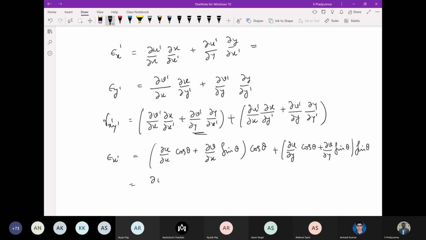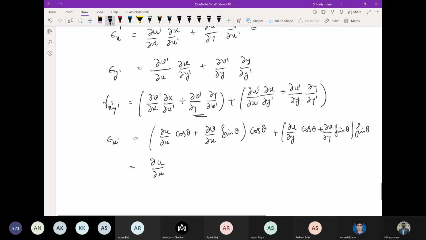Okay, therefore I get, only writing for epsilon x dash, dou u by dou x cos square theta plus dou v by dou y sin square theta, plus now I have dou v by dou x sin theta cos theta plus dou u by dou y sin theta cos theta. So I'm writing dou u by dou y plus dou v by dou x cos theta sin theta.